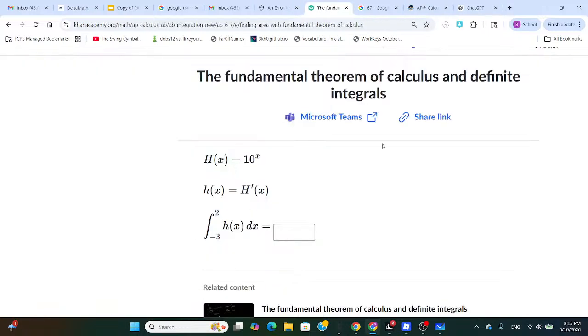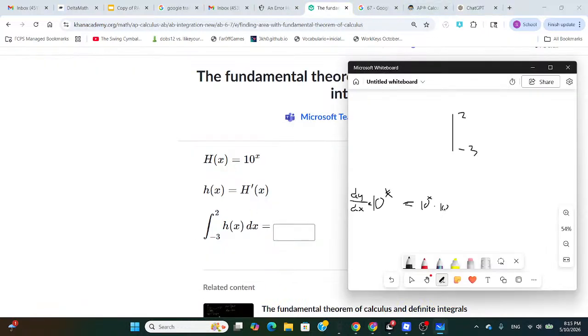Oh yeah, forgot about that. Okay, and then you got that, so 10 to the x times.